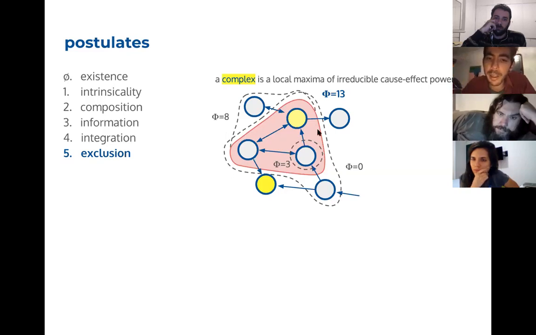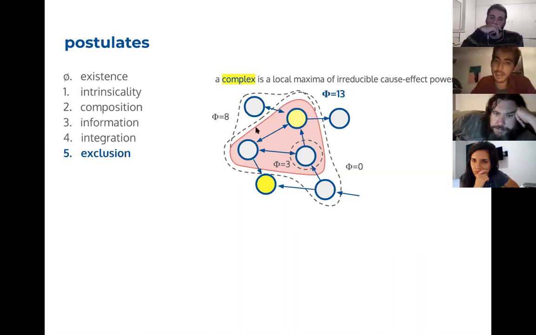You would then try to partition the distinctions and relations of the system and see how much you lose. Then you would look over the overlapping systems and see where there's a local maximum of phi, of system-level integrated information. A complex is a local maximum of this irreducible cause-effect power at the system level.